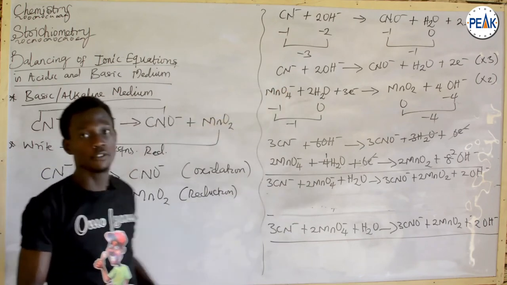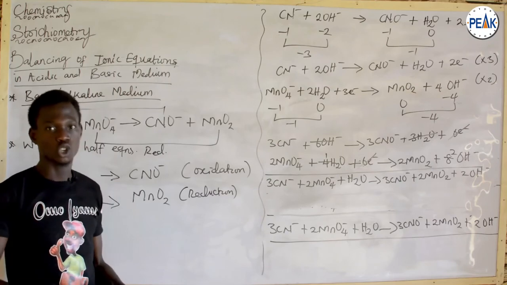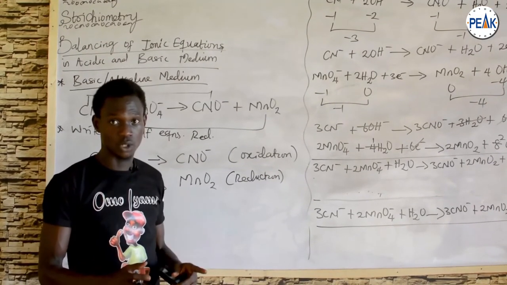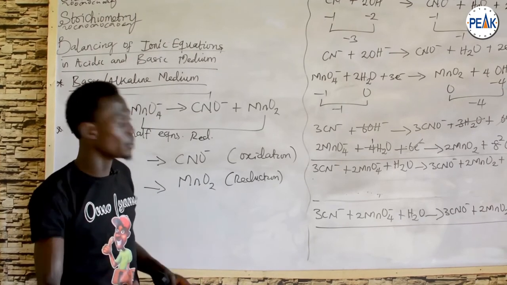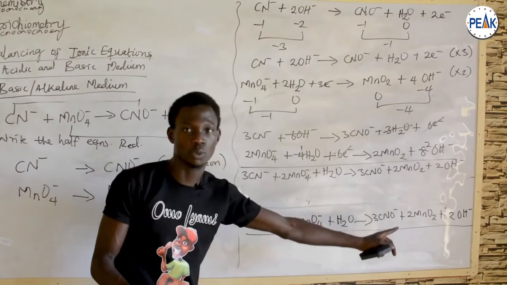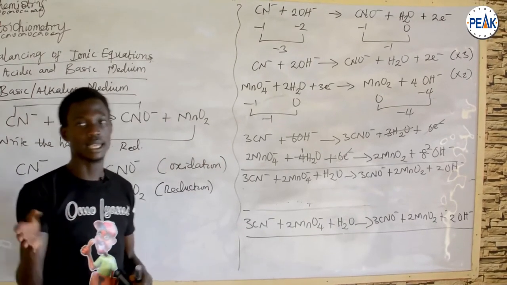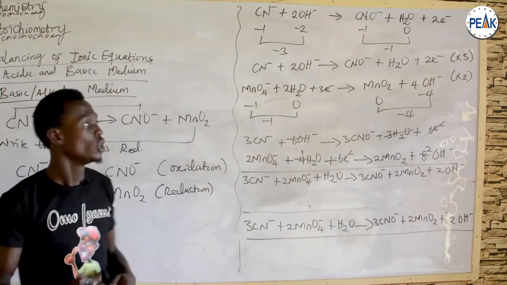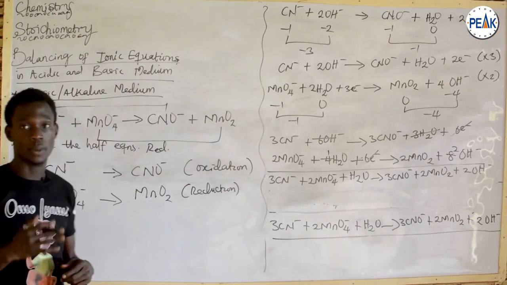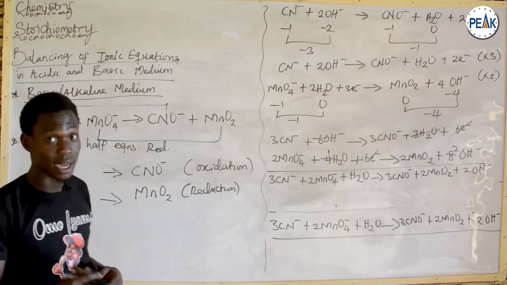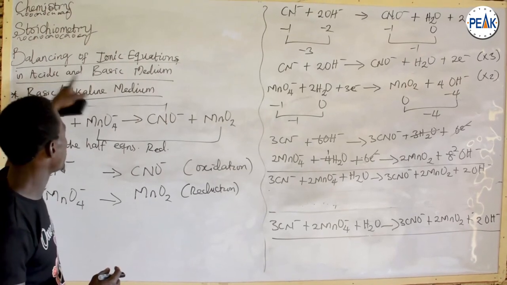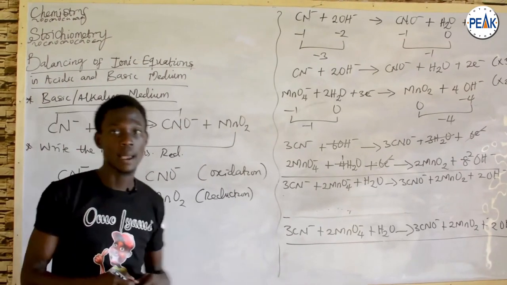So if you know how to balance it in acidic medium, you can know how to change your answer to basic medium. I told you to simply change the position of the H2O and the H+, but the H+ will change its identity to become OH-. With these well-explained steps, I'm very sure that by now you will be able to balance ionic equations in acidic medium and in alkaline or basic medium.